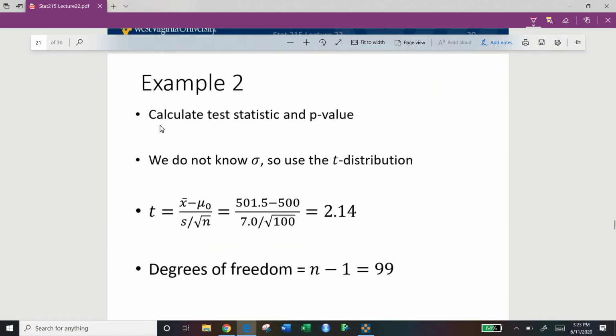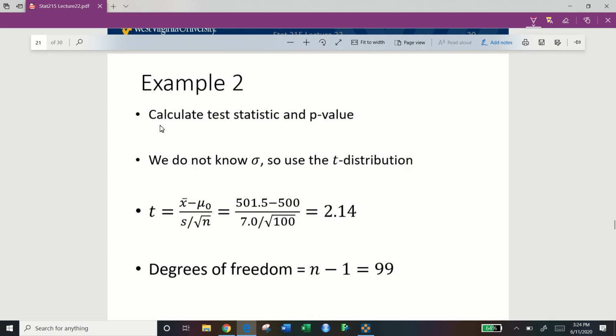Now, the next step says to calculate the test statistic and p-value. Once again, this situation was similar to example 1. We were not given the population standard deviation, which means that we cannot use the normal distribution. We have to use the t-distribution, and the problem itself stated that we had a random sample.